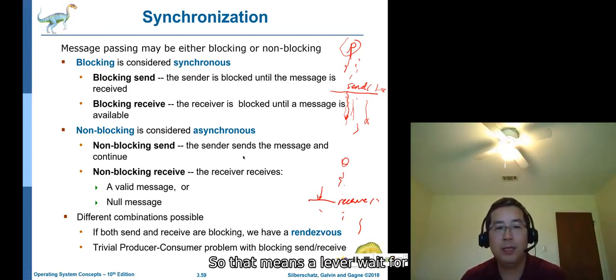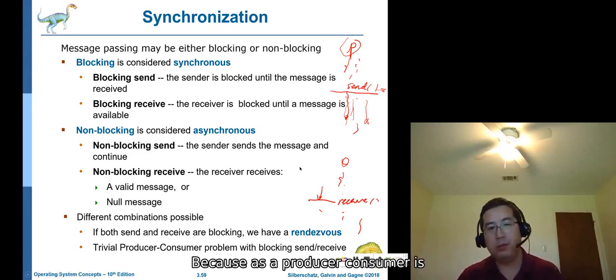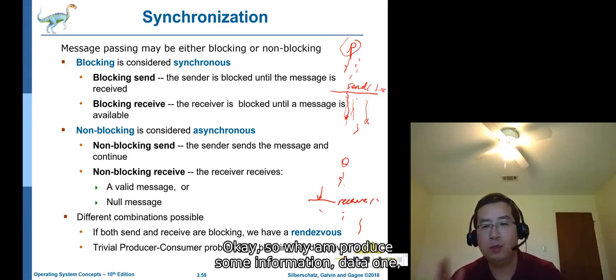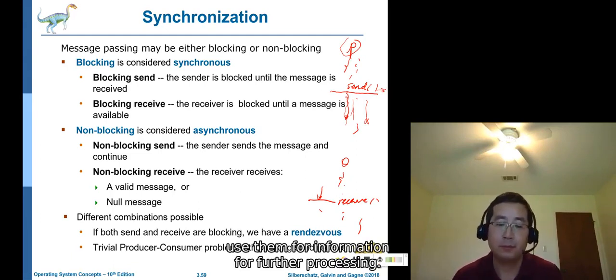So it never waits for the other side to produce or consume the message. The producer and consumer is a very general mechanism for process collaboration: one produces some information, and the other uses the information for further processing.